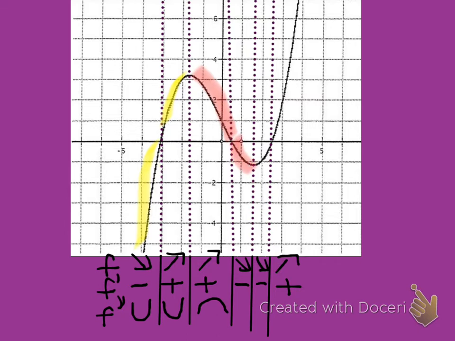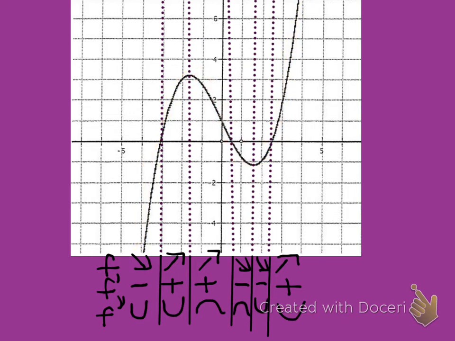Still decreasing, I am still concave down like a frown. And now I am back to increasing, so this would be concave up. And continuing on forever and ever, since I'm increasing at that point, the graph would be concave up like a cup.